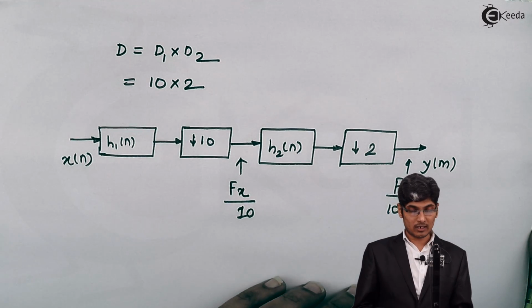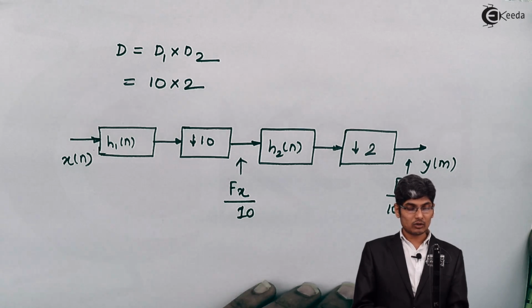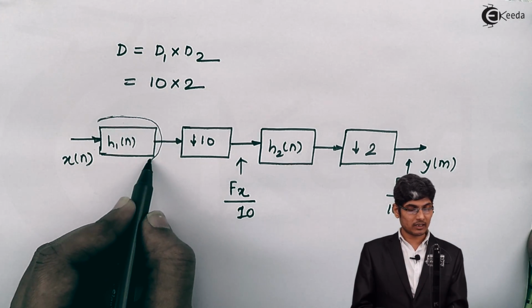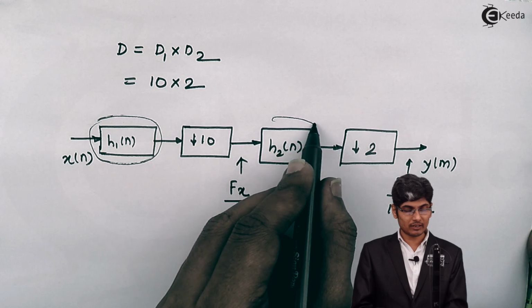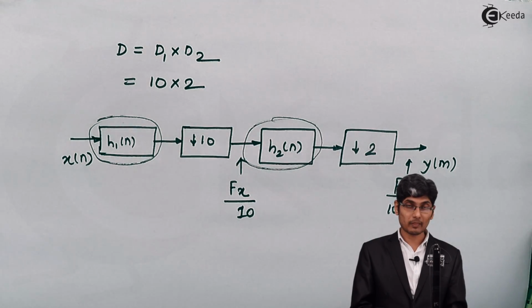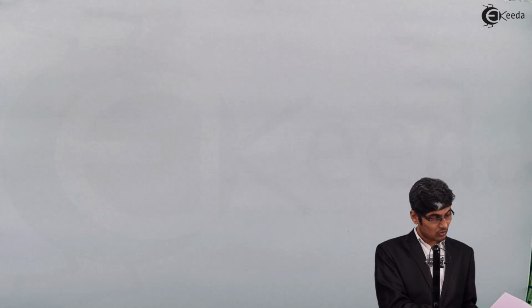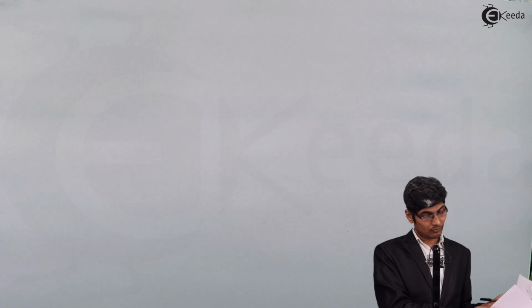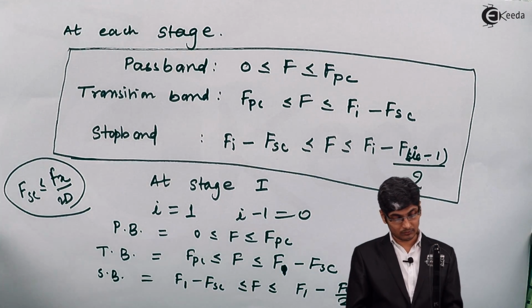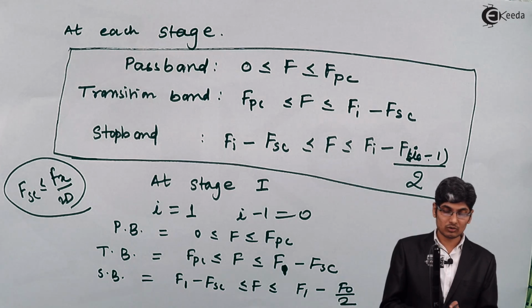Now we need to design the filter at stage 1 and the filter at stage 2. Let us see which formulas we need to use. The formula we need to use is this.